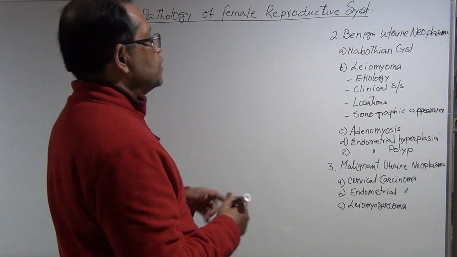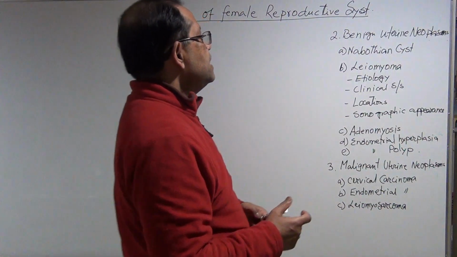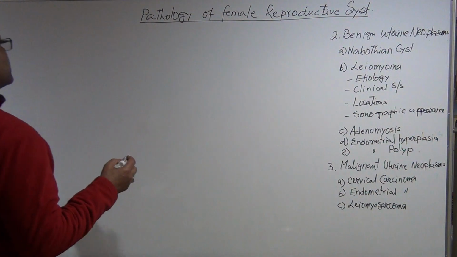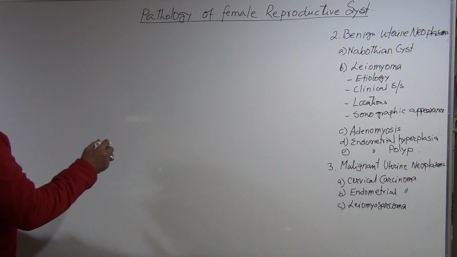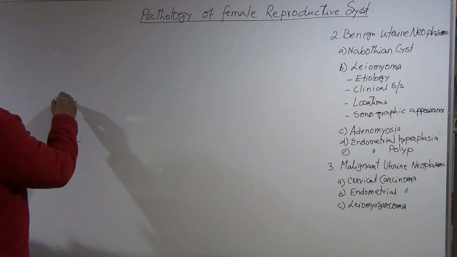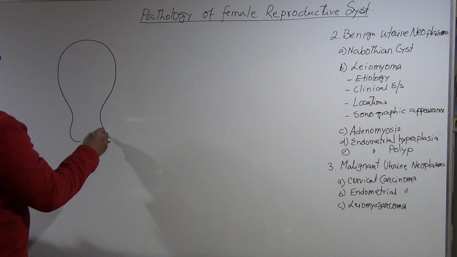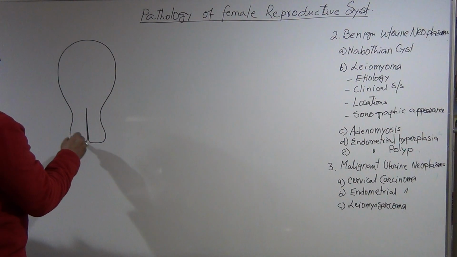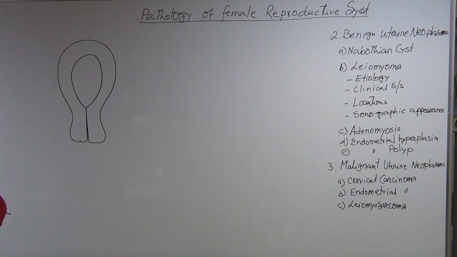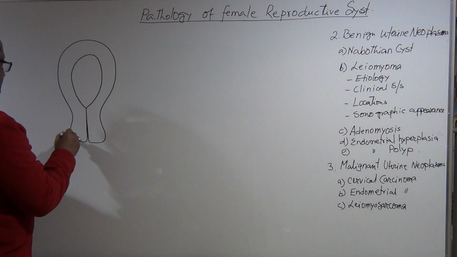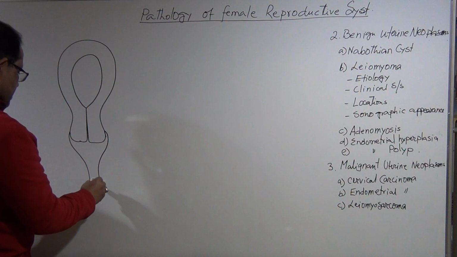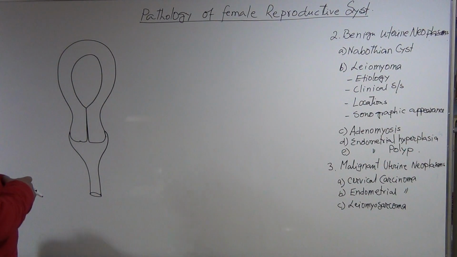Okay, let's talk about the benign part first. Let's start with the Nabothian cyst. If we understand the anatomy of the female reproductive organ, okay, this is the uterus, and this is the vaginal part.